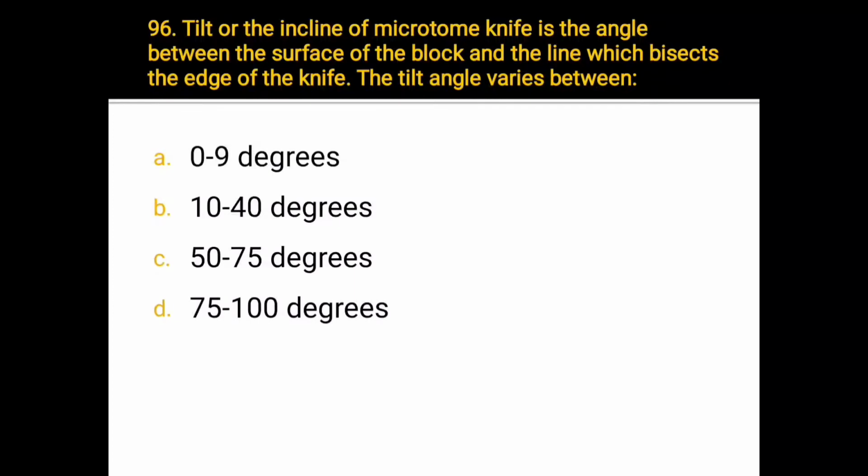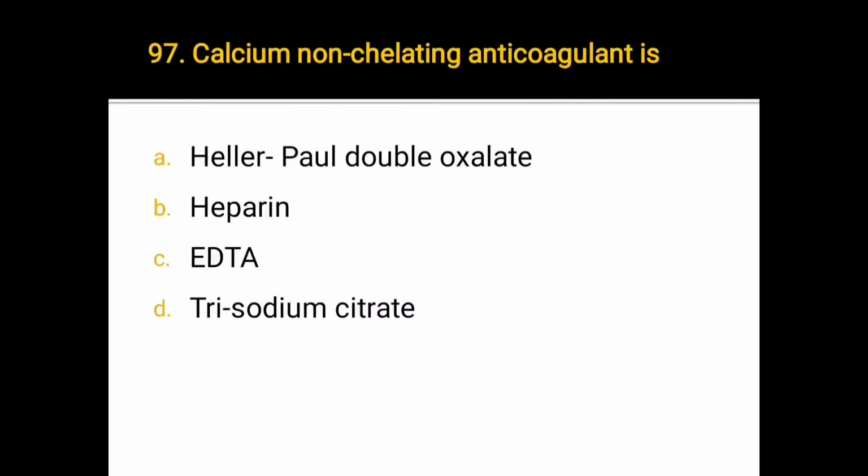Correct answer A. 0 to 9 degrees. Calcium non-chelating anticoagulant is A. Heller-Paul double oxalate, B. Heparin, C. EDTA, D. Trisodium citrate. Correct answer B. Heparin.